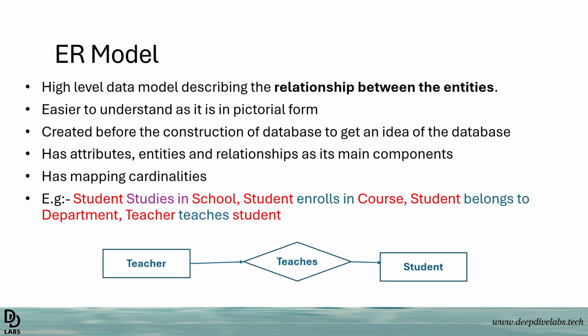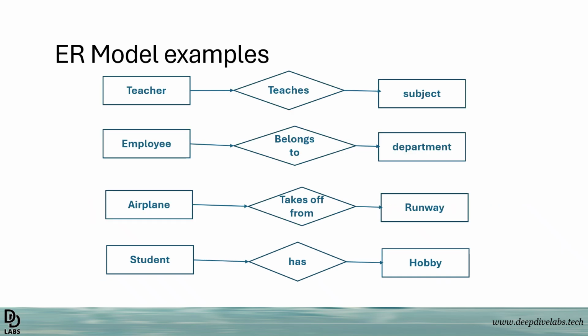So for example, some of the entity relationship models would represent student studies in a school, the student enrolls in a course, the student belongs to the department, the teacher teaches the student.